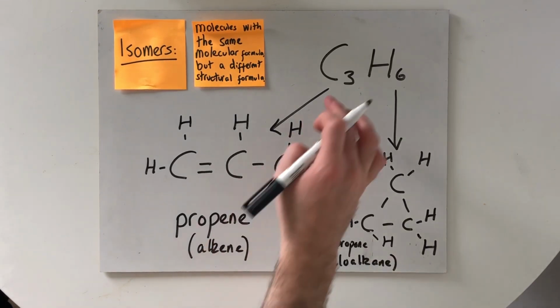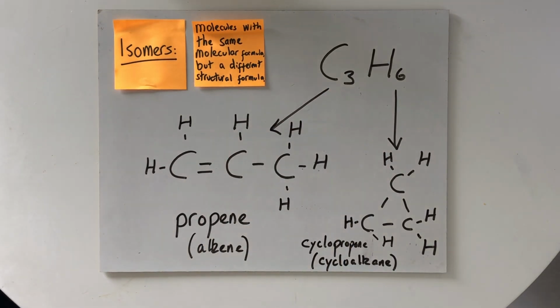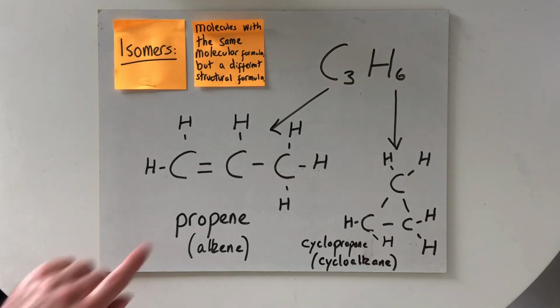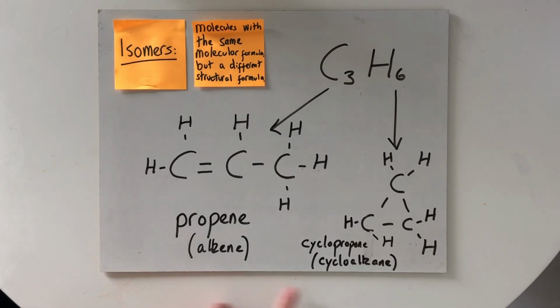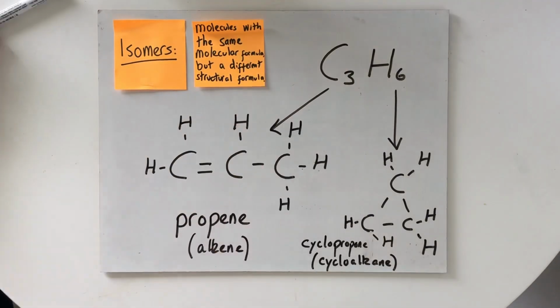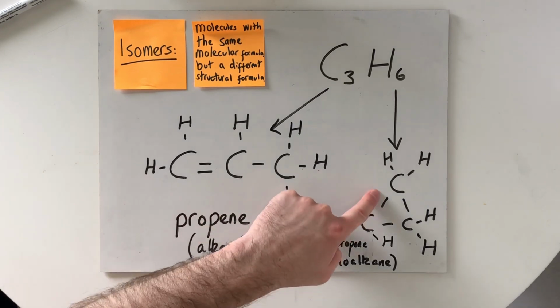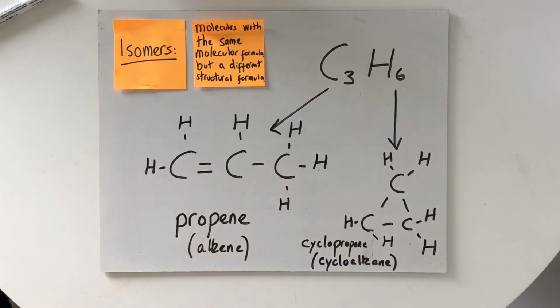Okay, so from the one molecular formula, I'm able to deduce 2 molecules. One is an alkene, one is a cycloalkane. Think about the type of bonds that are unique to these molecules. Double bond is unique to alkenes. All single bonds is unique to cycloalkanes and alkanes.